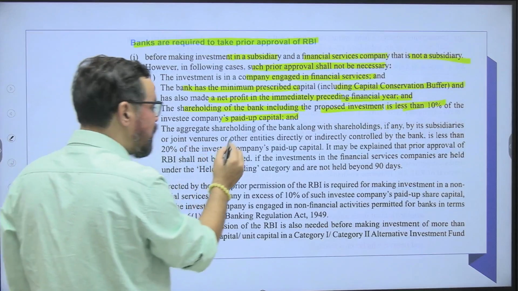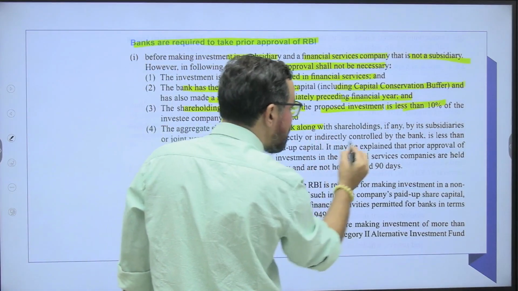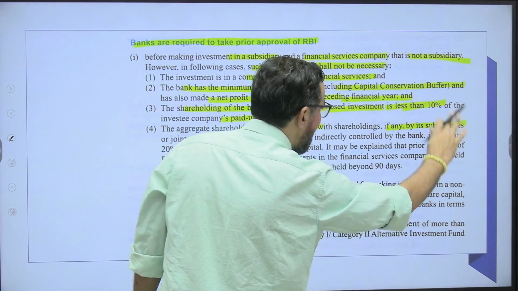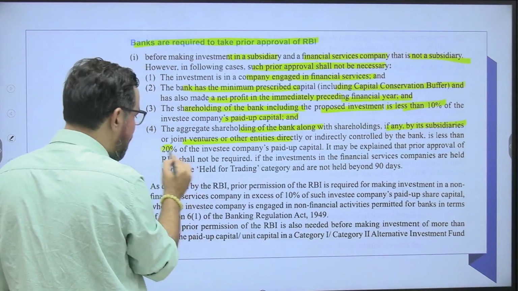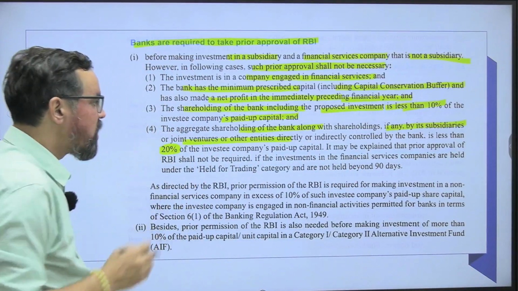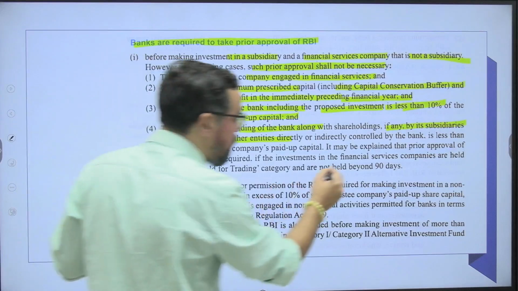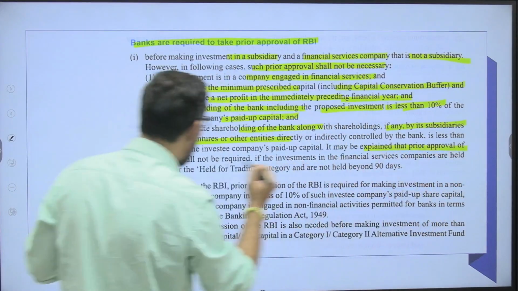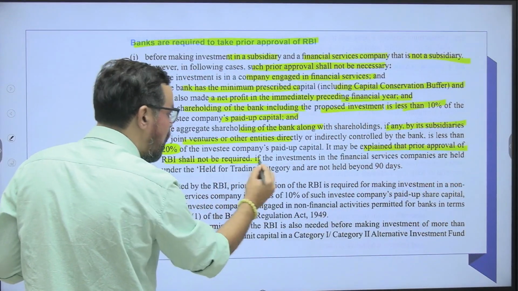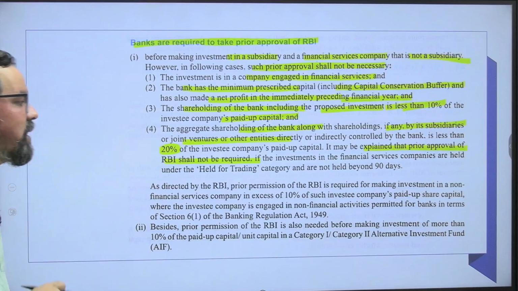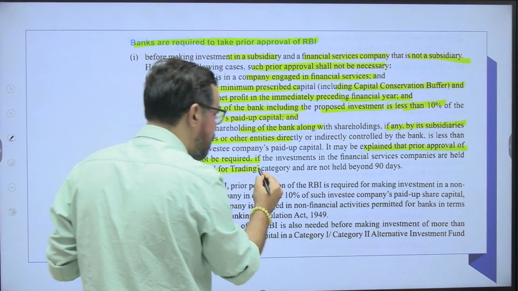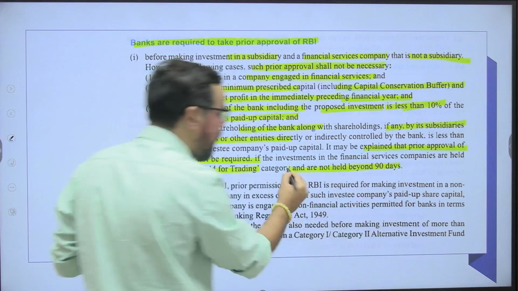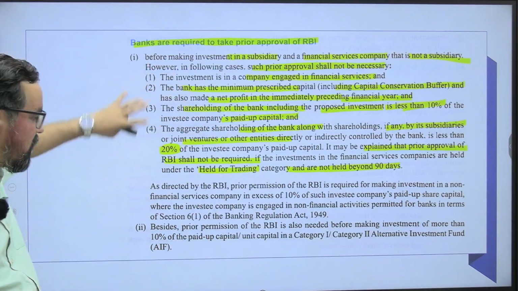The aggregate shareholding of bank along with shareholdings, if any, by the subsidiaries or joint ventures, is आपका less than 20%. It may be explained that prior approval of RBI shall not be required if the investment in the financial services companies are held under HFT categories not more than आपका 90 days. So RBI approval is not required.